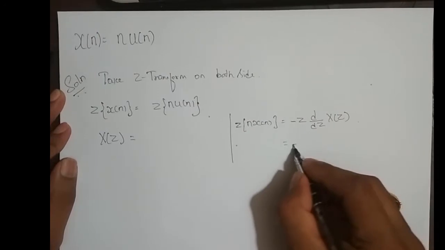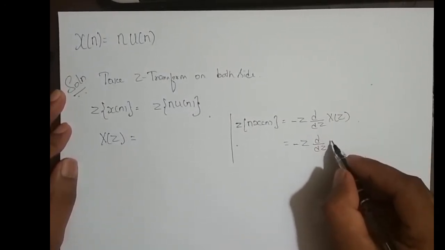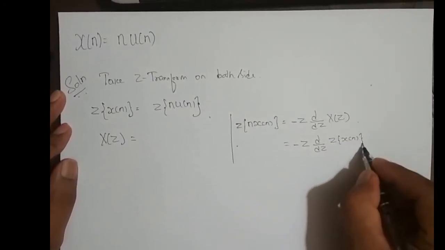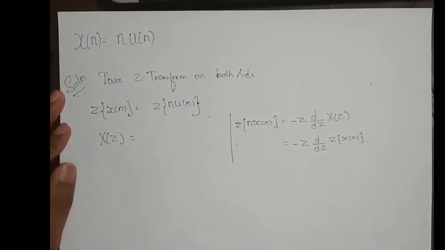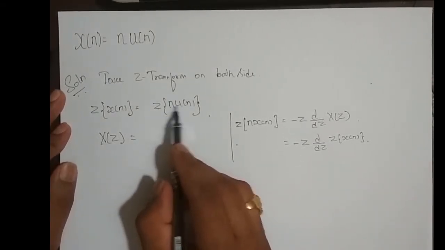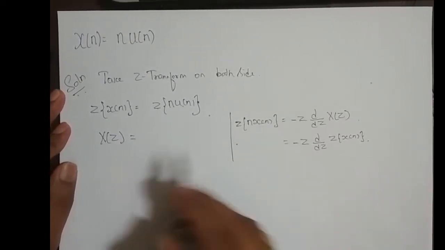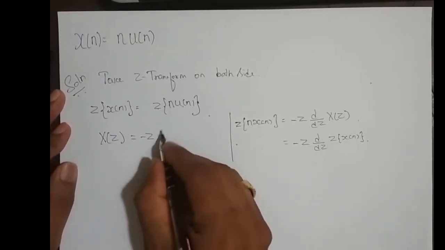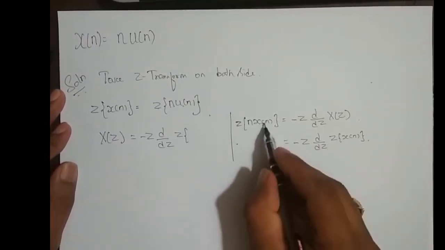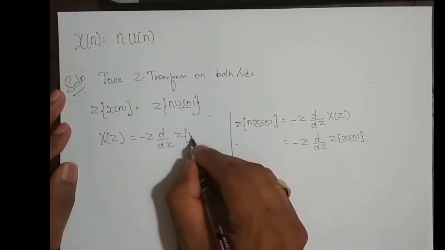So I can write this as minus z times d by dz of, instead of writing X of z, I write the Z transform of x of n, because the Z transform of x of n is X of z only. Now this is of the form Z transform of n times u of n. So comparing, it is minus z times d by dz of the Z transform of u of n.